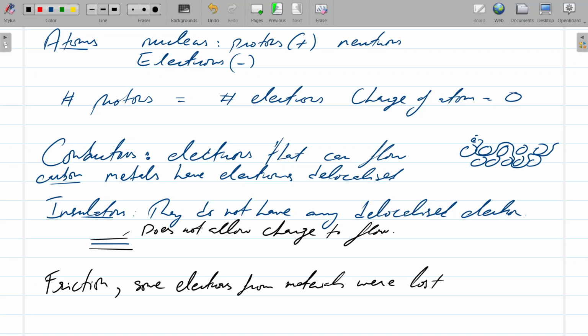They were removed just because of physical friction. Because I'm rubbing the cloth over it, it's like sort of scraping the electrons off. And what happens when you lose electrons?